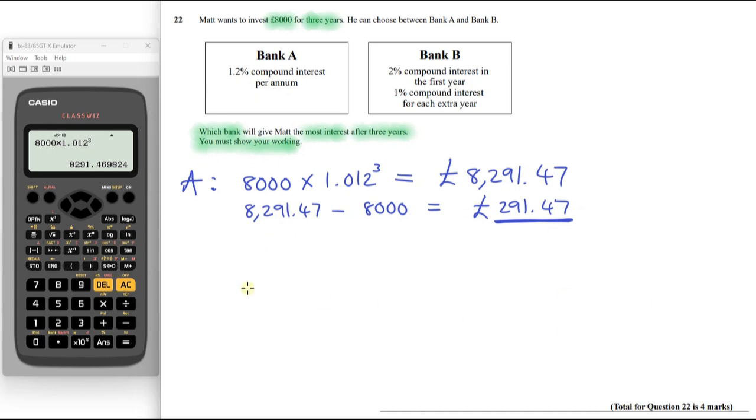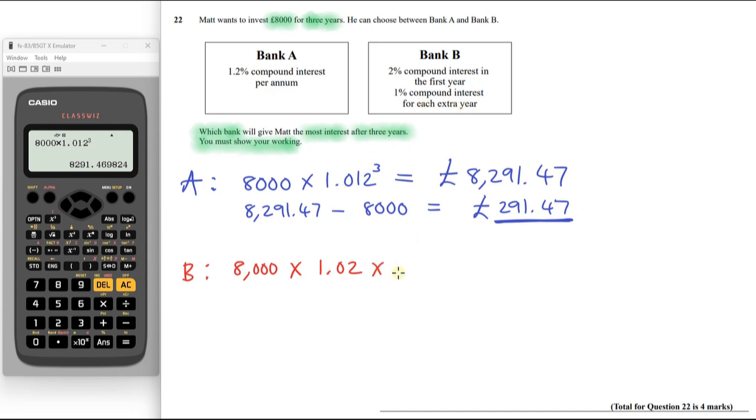Now let's look at Bank B, and let's just choose a different colour just to live on the edge. So Bank B, he's still going to invest £8,000. Now he gets 2% compound interest in the first year, so we can multiply that by the multiplier for 2%, so that will be 1.02. But then he gets 1% compound interest for each year after that, each extra year.